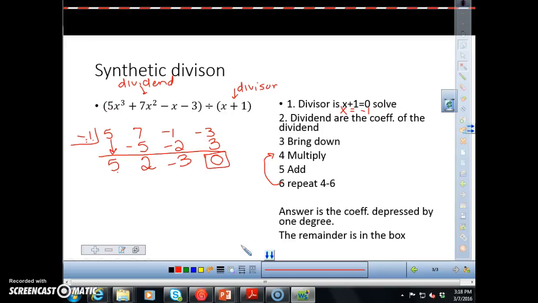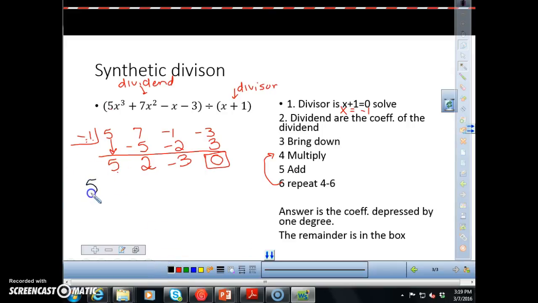So if I want to write the solution, this starts out as a cubic. If it's cubic, you're going to be reduced by 1 degree. So this is now going to be squared.